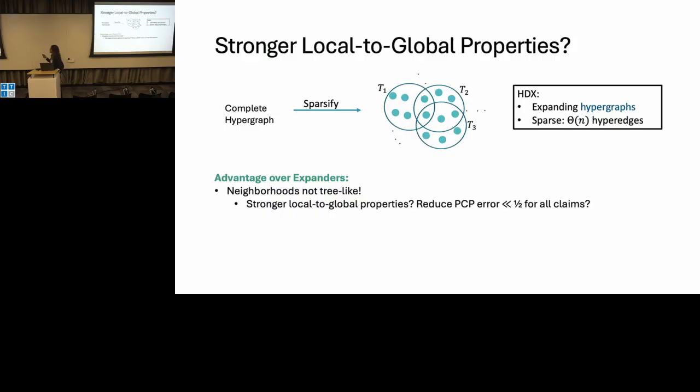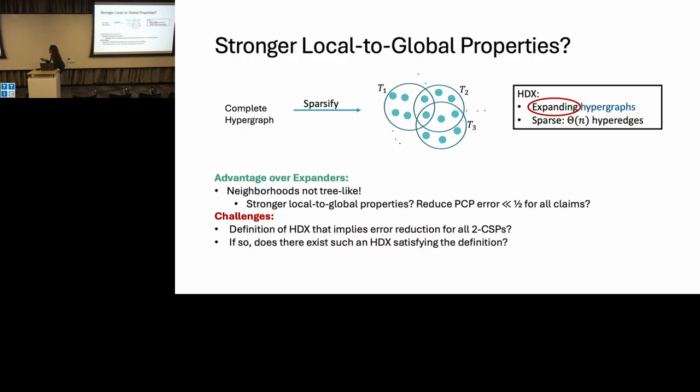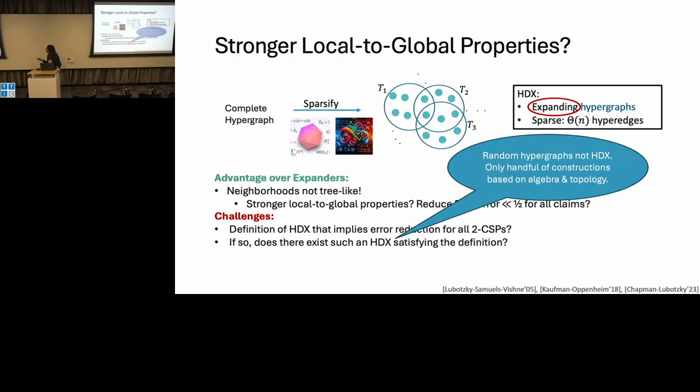It seems like they have stronger local to global properties, but it's not clear that they actually do, because is there a definition that implies such an error reduction for all 2 CSPs? And also, as I said, random hypergraphs are not HDX, so we don't know if there exists HDX that will satisfy whatever definition we come up with.